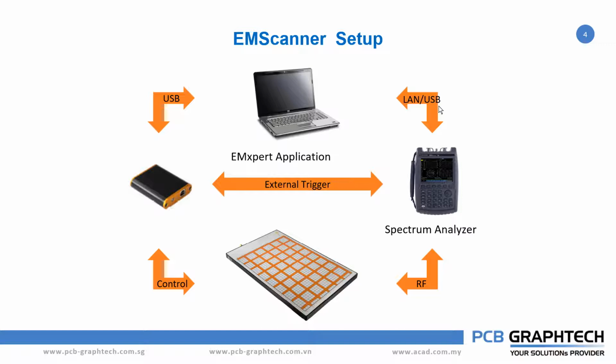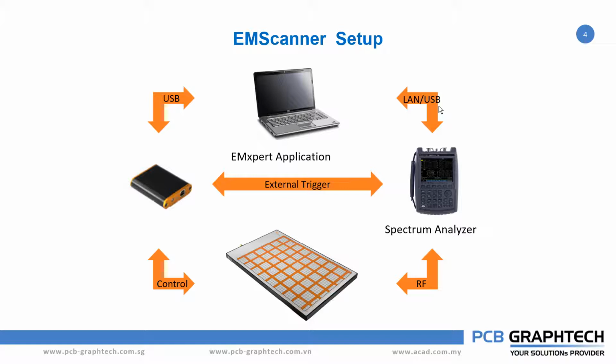The EM Scanner is connected to the spectrum analyzer by this RF SMA to N-type coaxial cable. It transfers the RF outputs from the EM Scanner to the spectrum analyzer, connected to the 50 ohm input port of the spectrum analyzer.